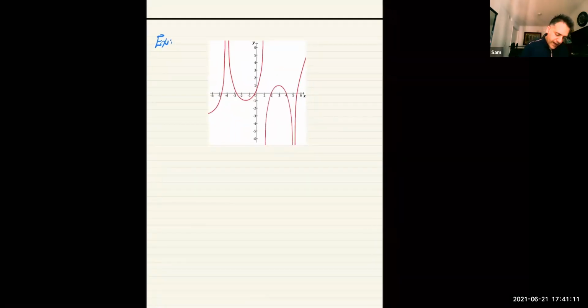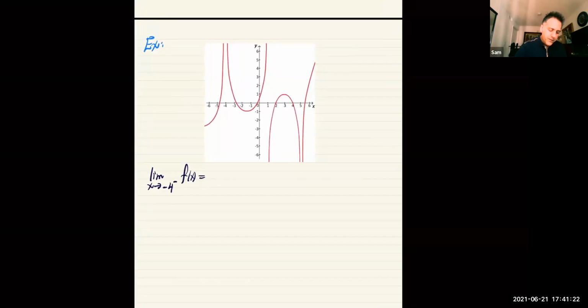Here we have the limit as x goes to negative 4 from the left. So here is negative 4. Obviously, there's a vertical asymptote here. Vertical asymptotes are not a part of a graph. If you ask a computer algebra system to graph a function with vertical asymptotes, it doesn't graph the vertical asymptotes itself. But here's negative 4, and that's the asymptote.